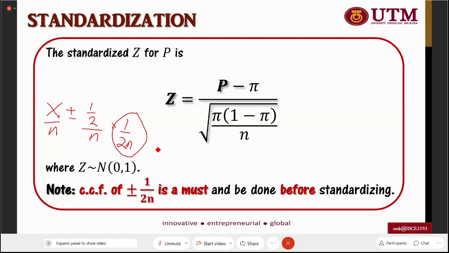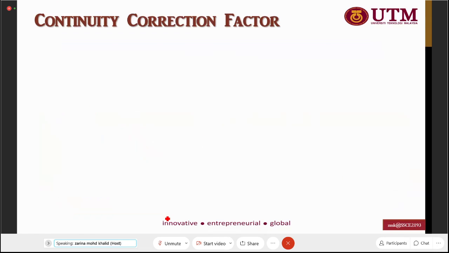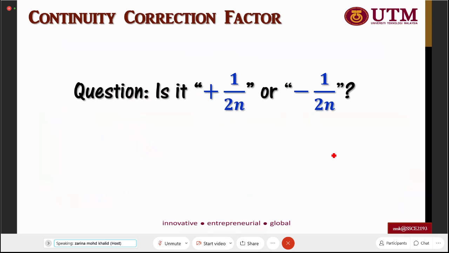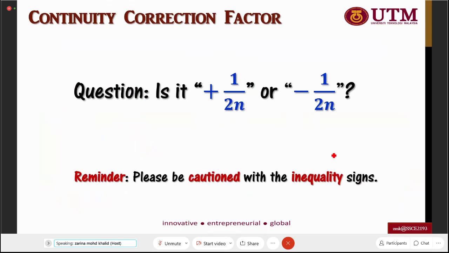Let's look at how you standardize. You need to think logically, don't memorize. So for the continuity correction factor, the question is, are you going to plus 1 over 2n or minus 1 over 2n? Please be cautioned with the inequality sign. Again, for X bar 1 minus X bar 2, you don't have to worry about less than or equal to, greater than or equal to. You're not sensitive to the inequality.